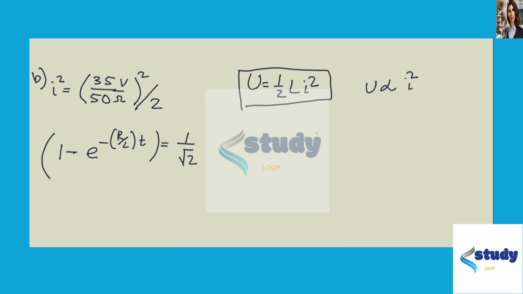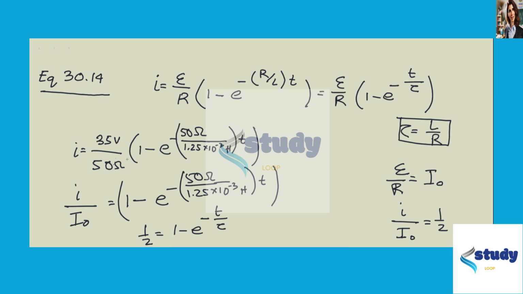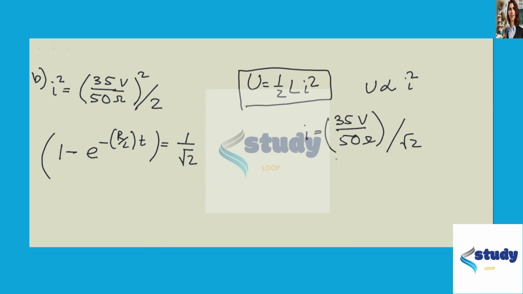And from there, we can write I is equal to 35 volts by 50 ohms divided by square root of 2. So again, as we know that this is I naught, I equals I naught by square root of 2.